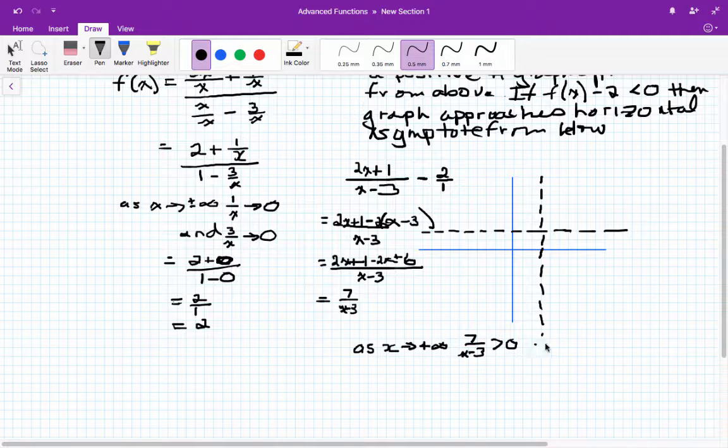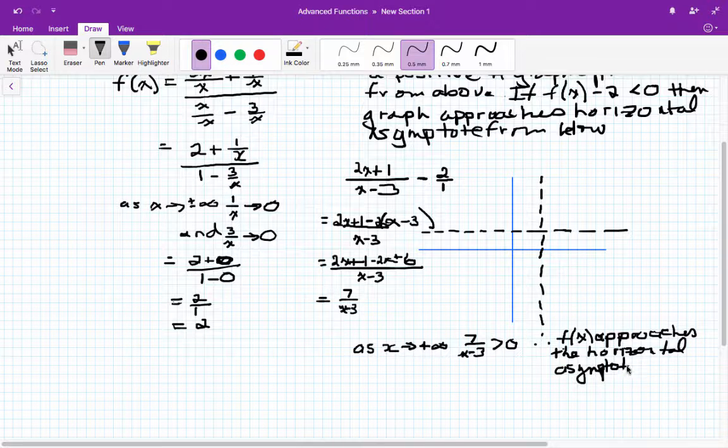Therefore, f at x, the graph, approaches the horizontal asymptote from above. So it's going to go like this.